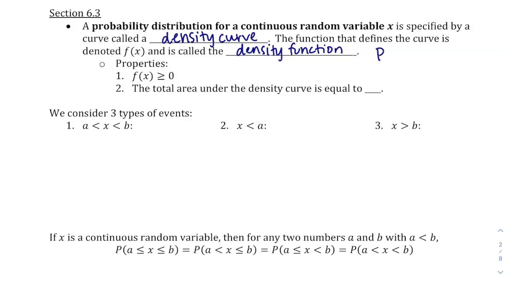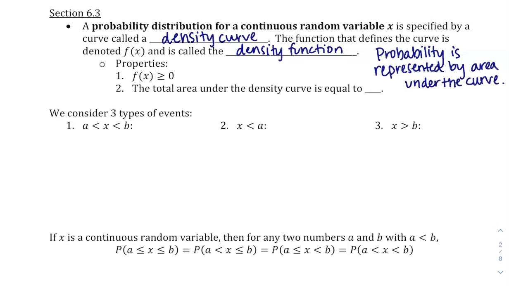So the probability is represented by the area under the curve. Sometimes probability is going to be as simple as looking at the area of a rectangle, or maybe the area of a triangle, if the density function can be described using rectangles or triangles.